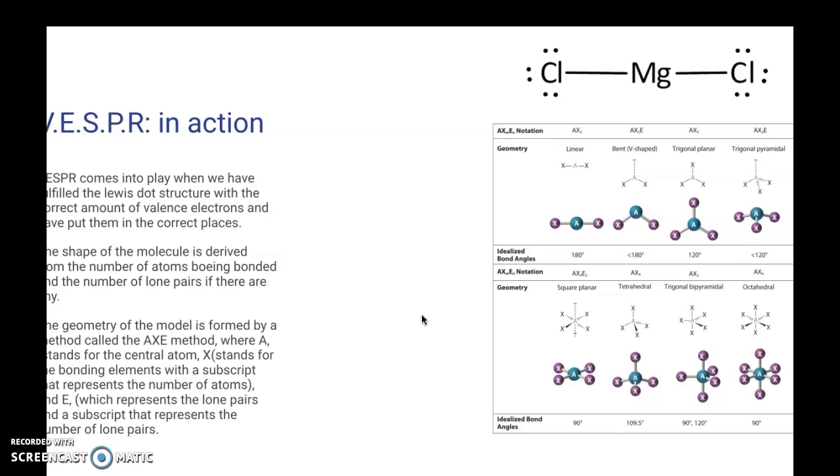Basically, there would be, for lack of better words, a bending of atoms here. So we'll have a line going this way and a line going this way, because there's a lone pair right here, and these atoms are being repelled away from your lone pair electrons on top. Now, since magnesium here doesn't have any lone pairs, we can see that there's no repulsion on either electron here. So our geometrical figure here is going to be linear.